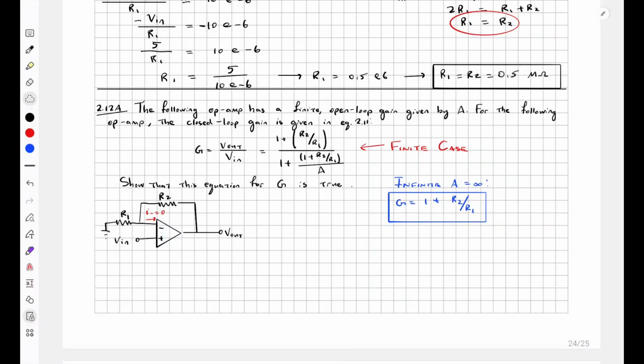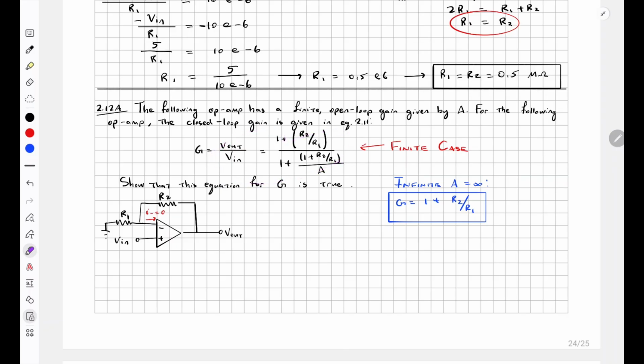Okay, so question 12 says that the following op-amp has a finite open loop gain given by A, and for this op-amp, the closed loop gain is given in this equation here. The question asks us to verify that this equation is true.